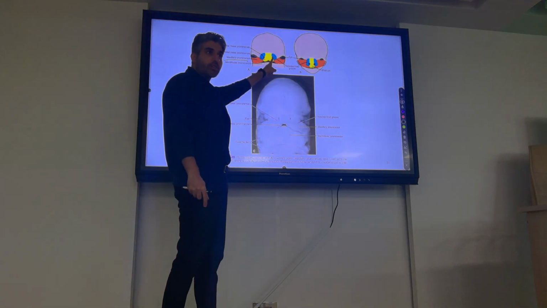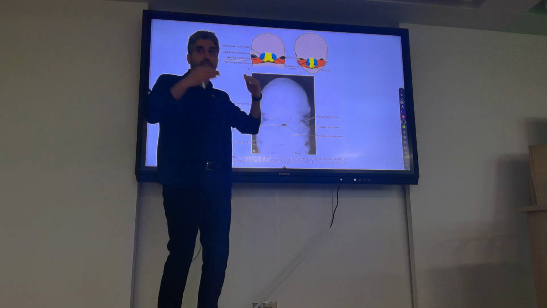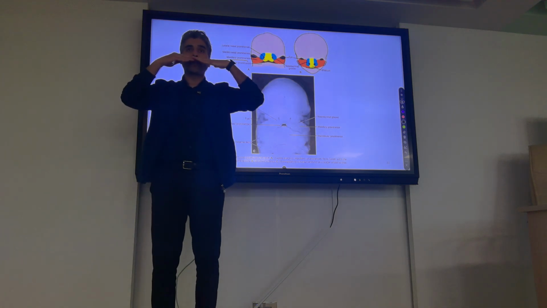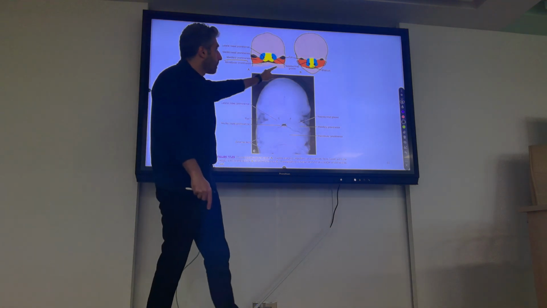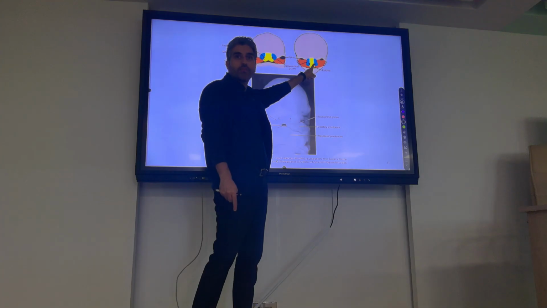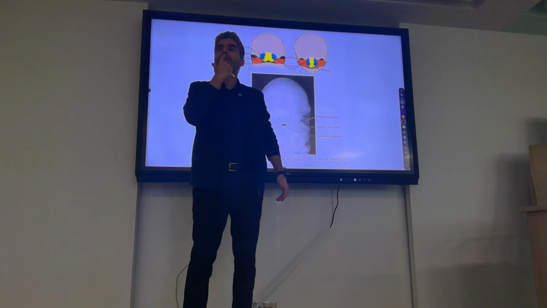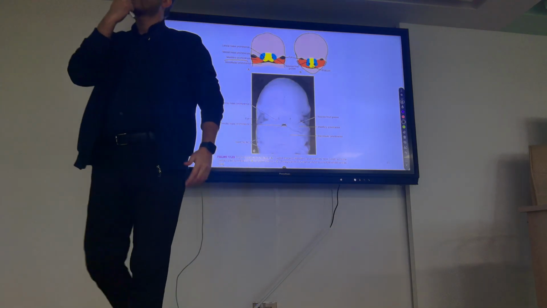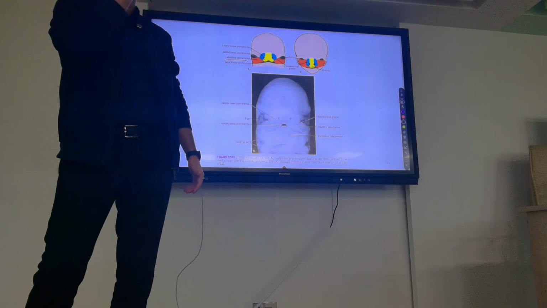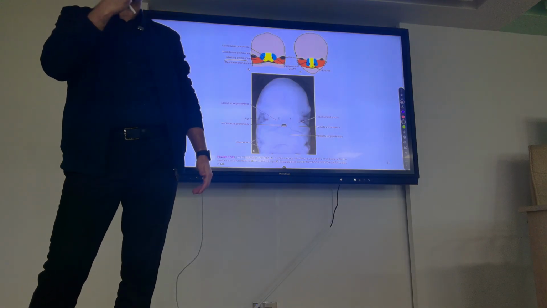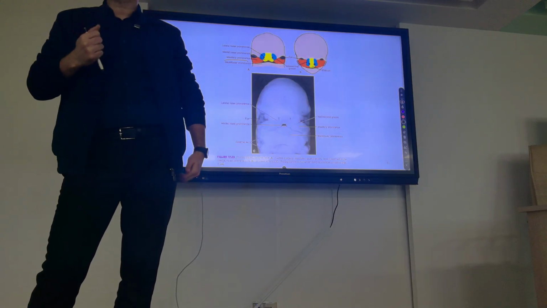Yellow color medial nasal, blue color lateral nasal, yes? When the maxillary bones want to attach together, the two medial nasal prominences attach together here. So medial nasal comes here, to the philtrum of the lip. This flat region in the lip at the midline, philtrum of the lip.